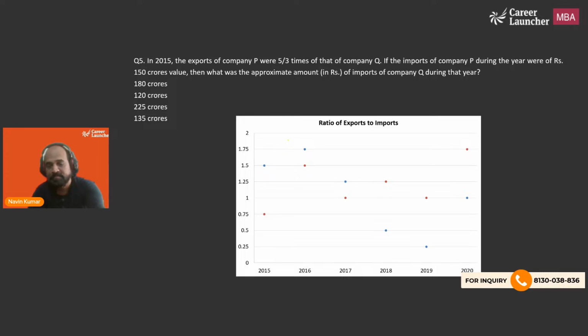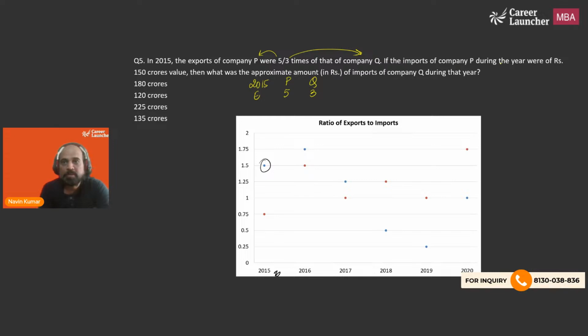Sure. In 2015, so we are looking at the year 2015, the exports of company P, so company P as in the blue one, right? So we are looking at 2015, the export of company P were 5 by 3 times that of company Q. So that means for company Q, if we take that as 3, for company P, it's going to be 5.